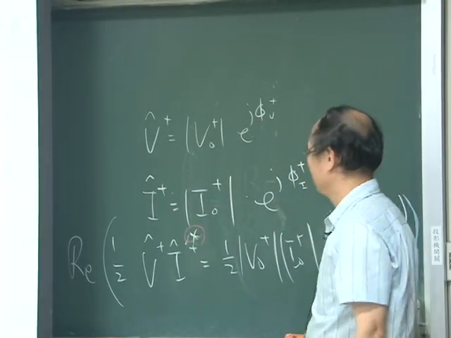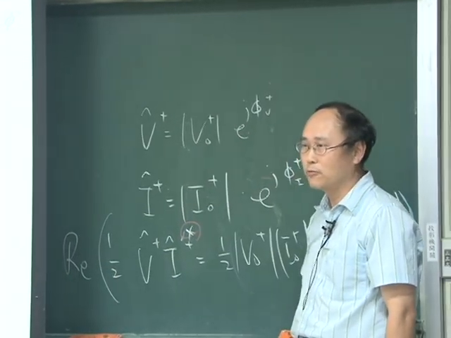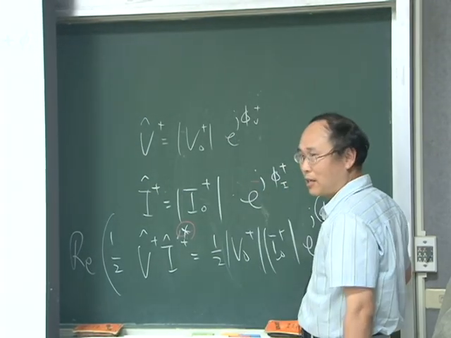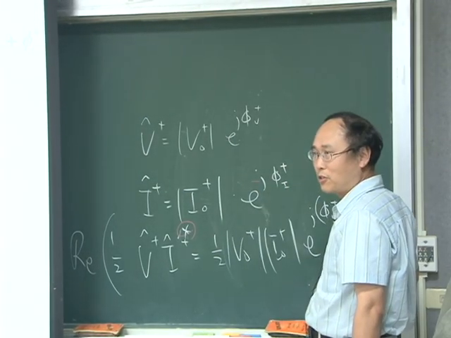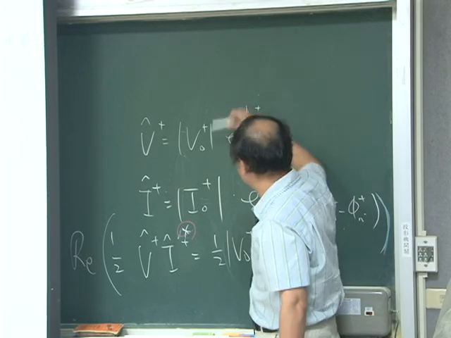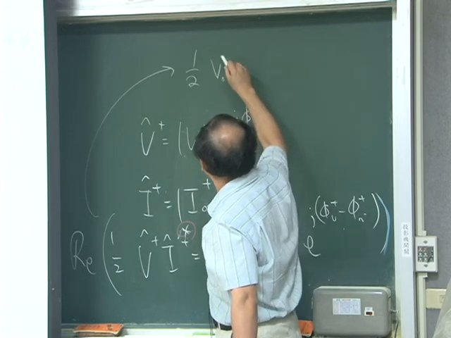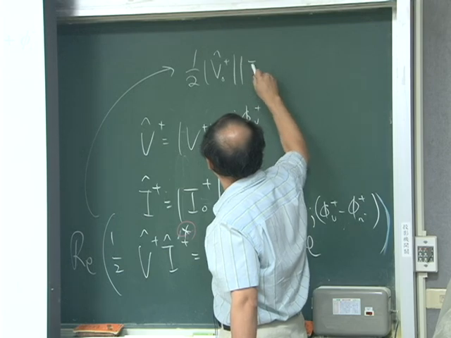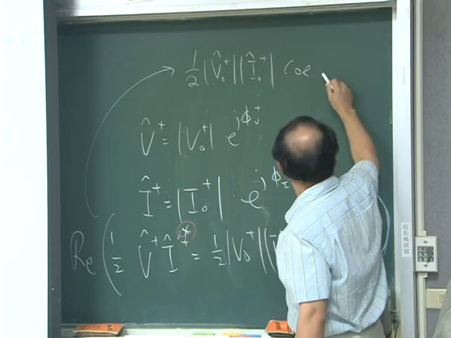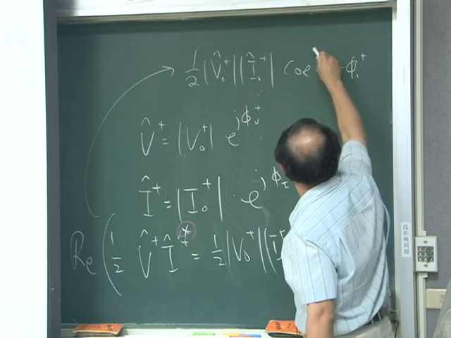OK，所以我把它取一个这个实数部分，这个实数部分 complex exponential 实数部分 give you cosine, right? So this is easy. So you end up having 1/2 V naught plus I naught plus cosine phi v plus minus phi I plus.